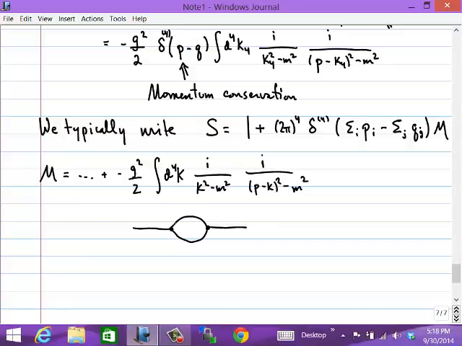But now, instead of labeling the initial particle with a point that tells you where you insert an operator, you label it with a momentum. And I'll put an arrow there to denote that it's an incoming particle, and an arrow going out here to denote that you have a final particle with some momentum that I called q. But by the conservation of momentum, that q just has to be equal to p.